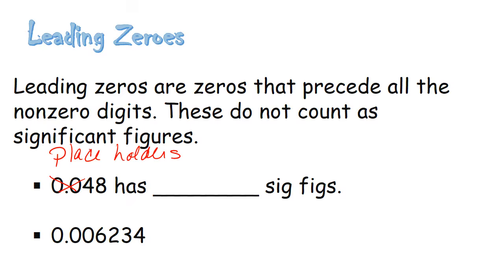Precision happens at the end of a number. Remember when we were doing the certain and uncertain digits? Yeah, these numbers out here at the end indicate precision. These numbers, they're simply placeholders. They do not count. So this particular number has 2 sig figs. This one down here would have how many? That's correct. It has 4 sig figs.